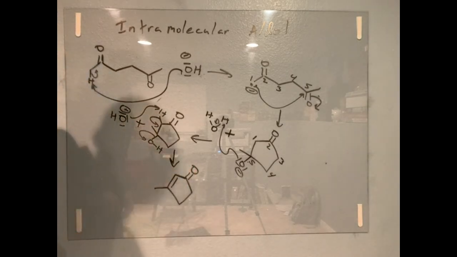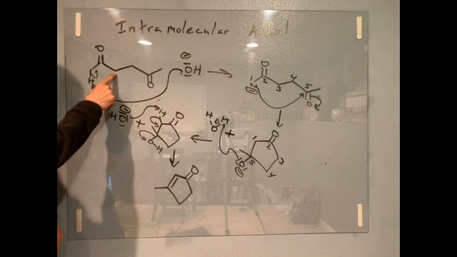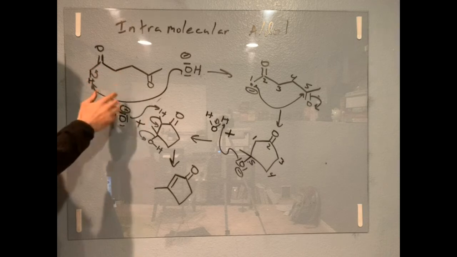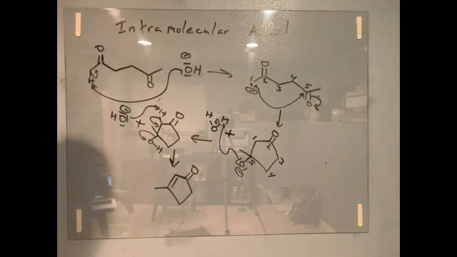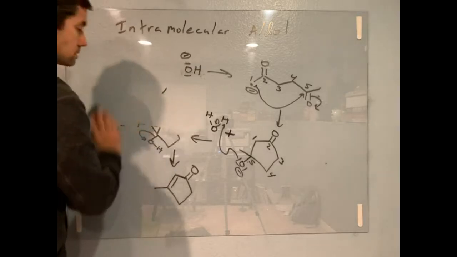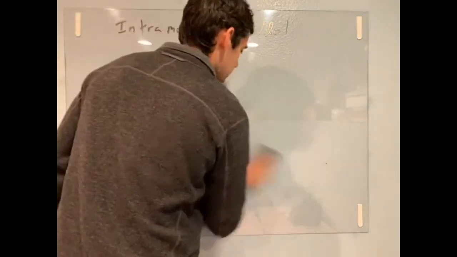Now, one question we can think about here is that, well, notice how I pulled off the proton here. I could make an alpha carbon here. Why didn't I pull off that one? Let's look at that, right? Why did I want to make the enolate here? Let's see what that enolate would look like. We'll erase this.